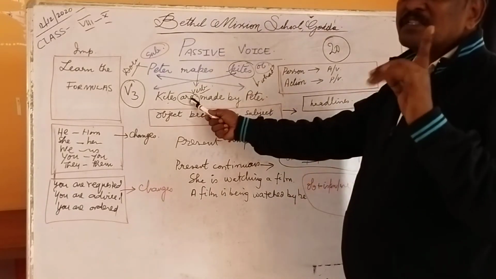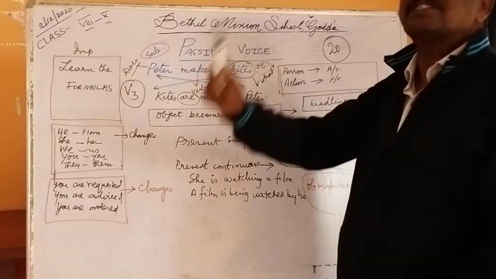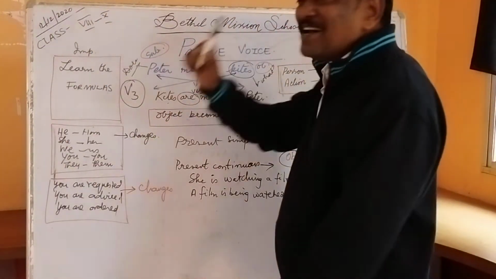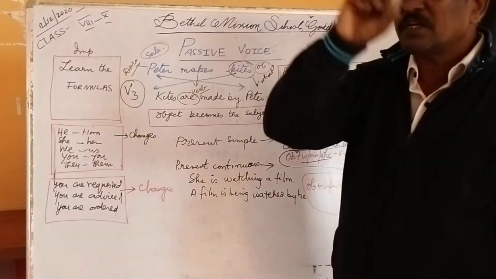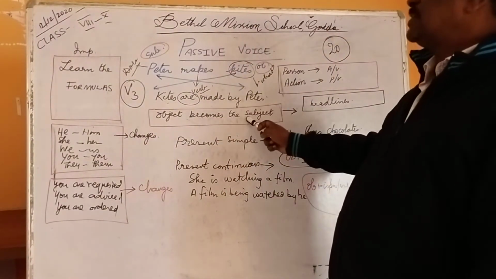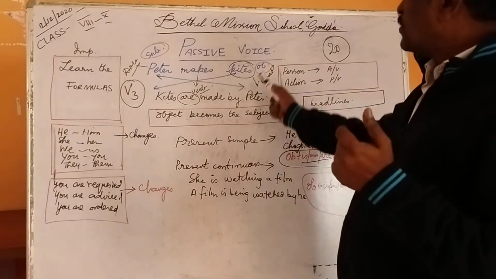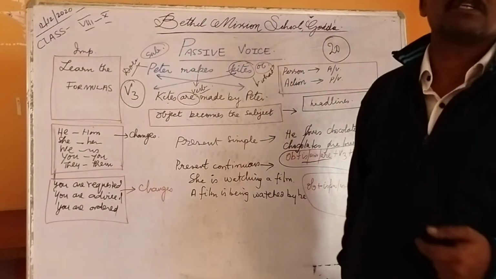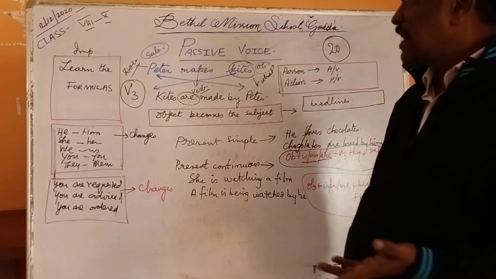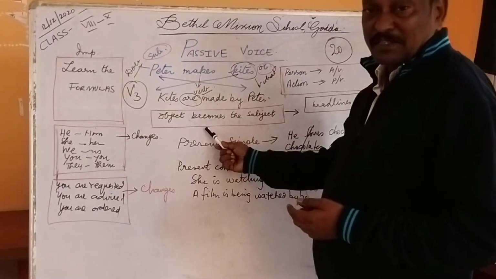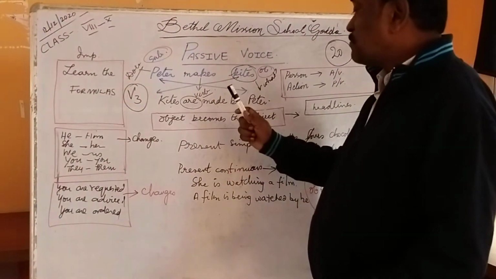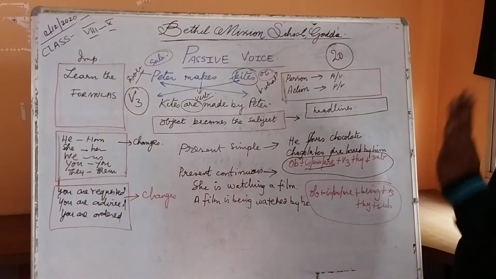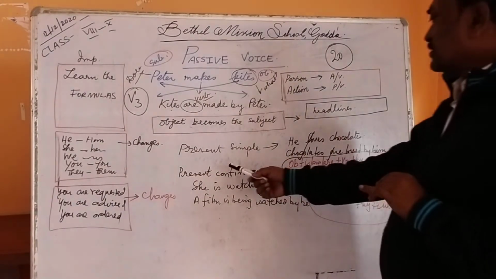When the object is singular, we use the singular verb. Peter makes a kite. So kite is singular. A kite is made by Peter. So take care of the number of the object, whether it is singular or plural. V3, the past participle, is again used. Take notice of this change. Then look at this.